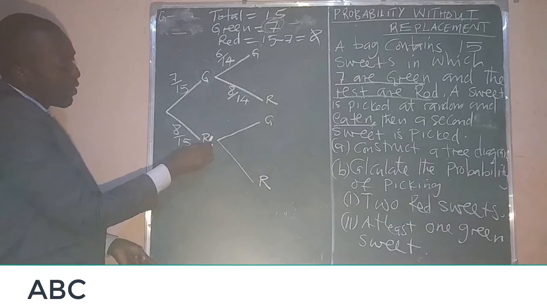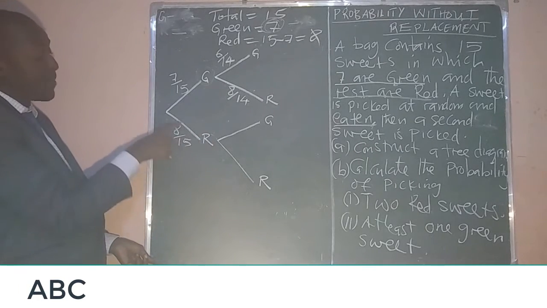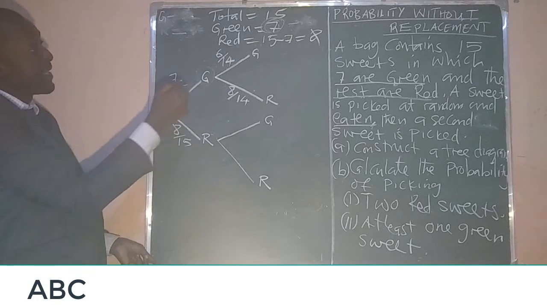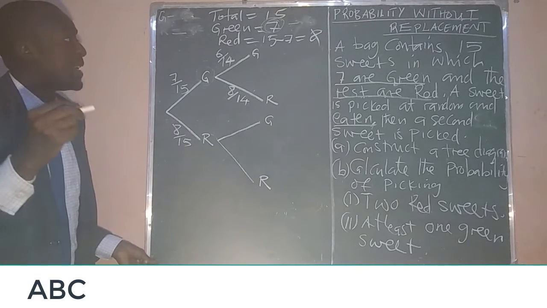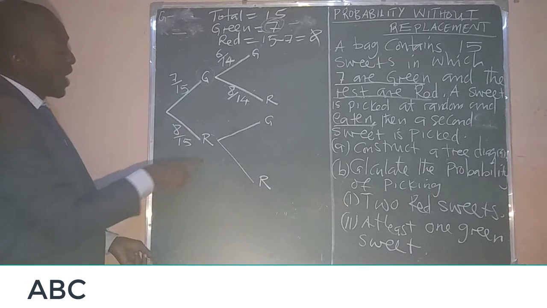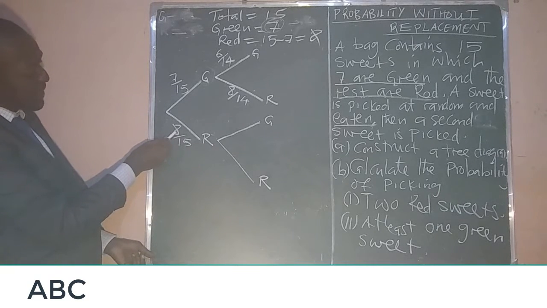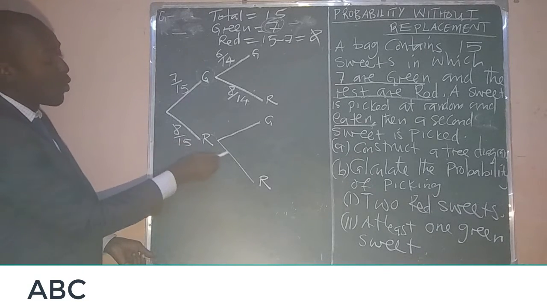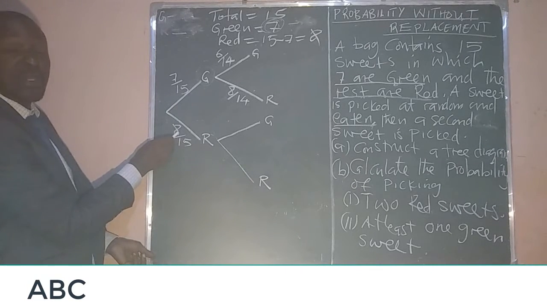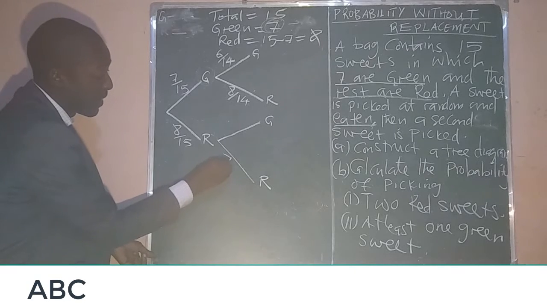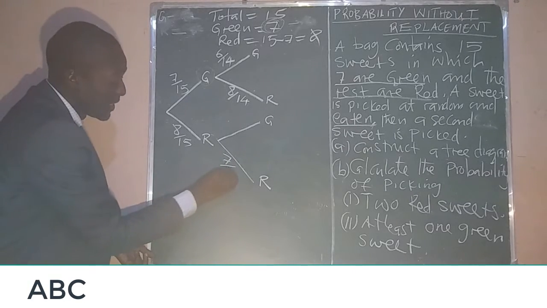At this stage you say you have eaten red, because you have come to red. So the number for red has reduced from 8 to 7. And when you go to the next arm, the number of red sweets will reduce to 7 out of 14.